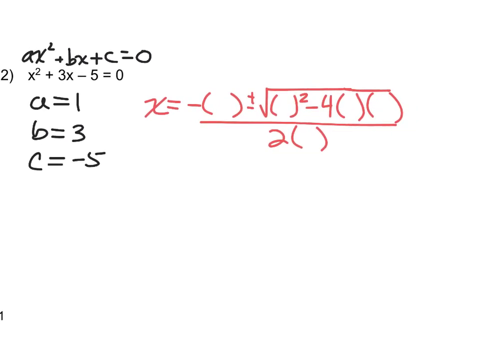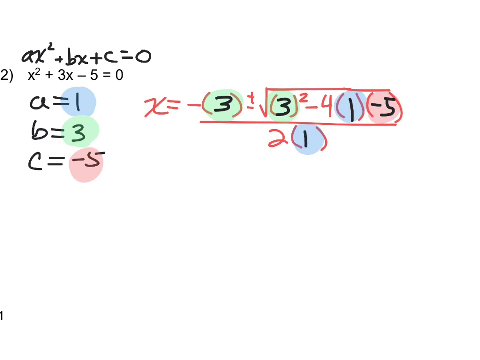And again, I'll just do a quick color code. So negative, plugging in the 3, plus or minus the square root of 3 squared minus 4 times a times c, all over 2a.